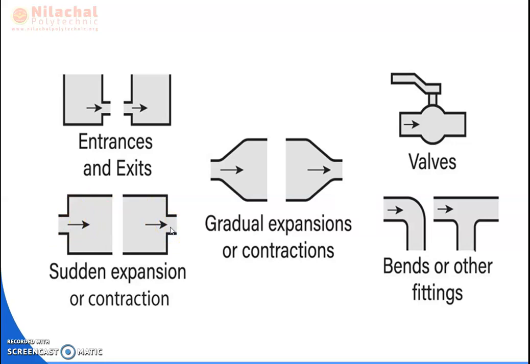In this way, there is a loss of pressure energy and loss of velocity energy. And there is gradual expansion and contraction. This is a gradual expansion, and this is a gradual contraction, meaning the diameter of the pipe gradually decreases or increases.